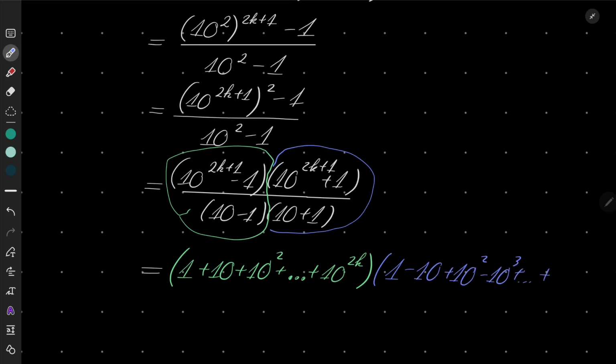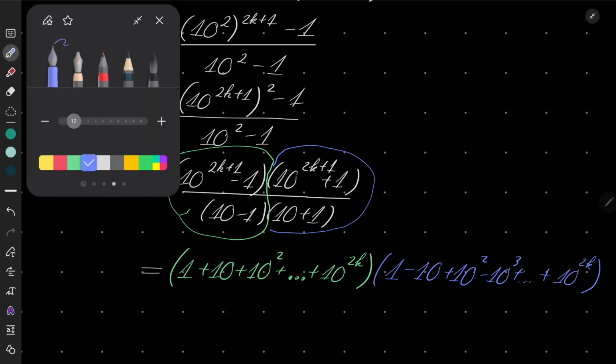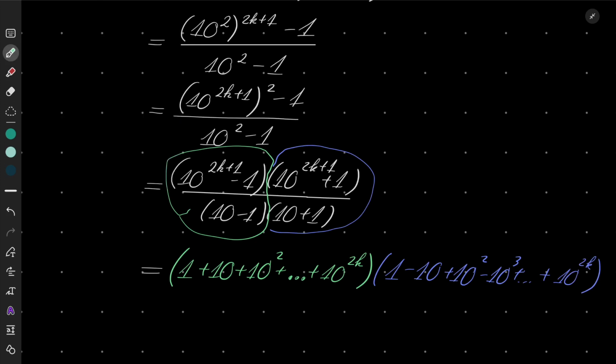The last number will be plus 10 to the power 2k. And now it's visible that this first number is definitely greater than 1. And since k is greater than or equal 1, this number is also greater than 1. So this product cannot be a prime, because a prime number cannot be represented as a product of two numbers greater than 1. So we now know that this number is not prime.